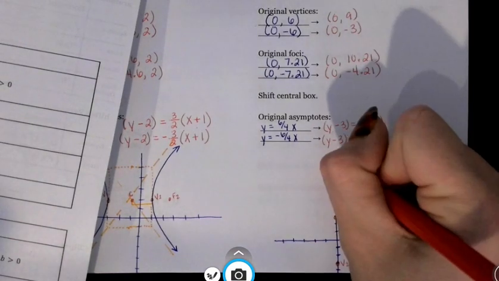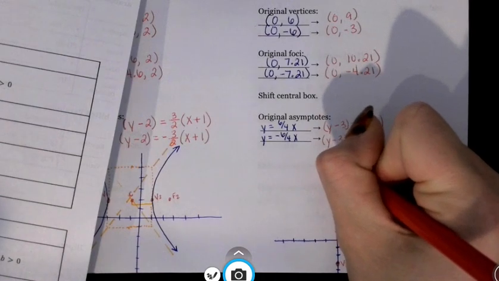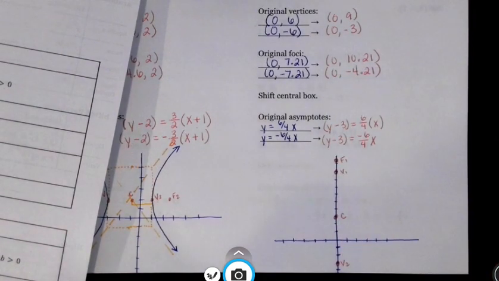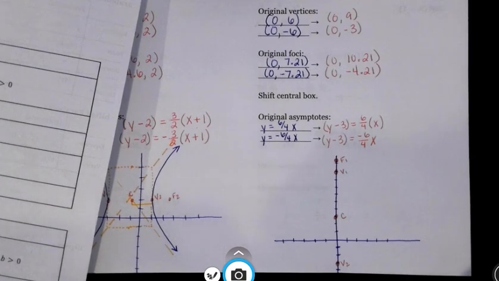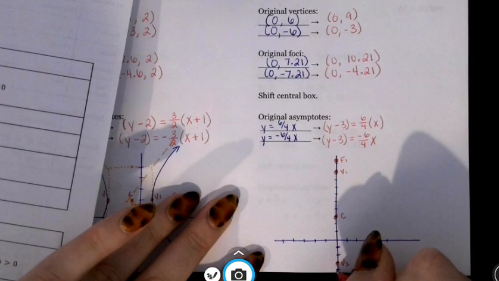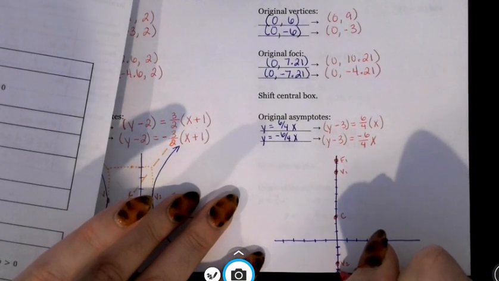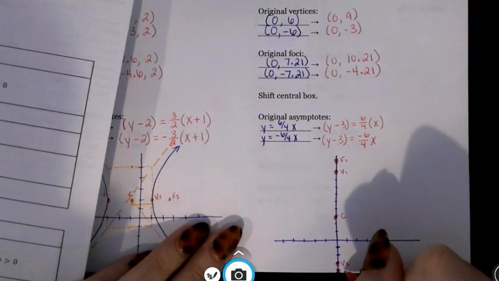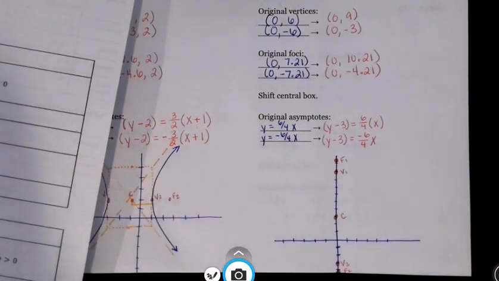My foci, so 10.2-ish would be about there. And then my other one is actually off the paper, but I'm going to say -4.21 is right at the bottom there. And this is going to be my second foci. Definitely misjudged this. I should have done a scale of 2. That was my bad, but I'm going in pen.